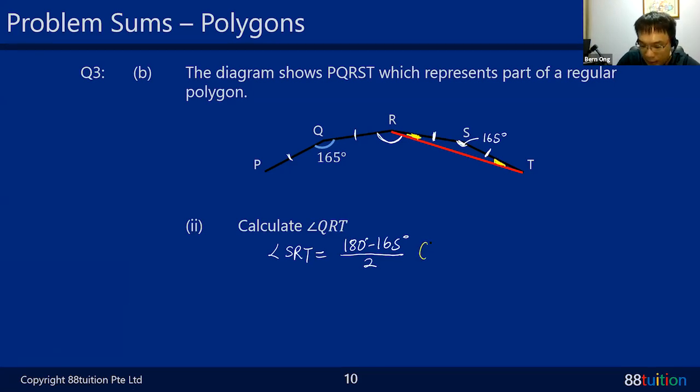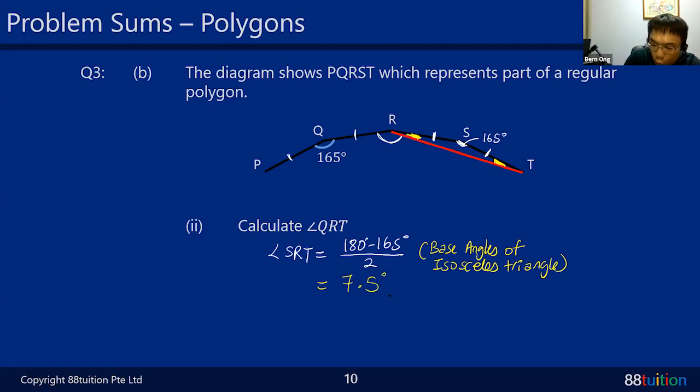This is called base angles of isosceles triangle. Must spell correctly. So 180 minus 165 divided by 2 gives 7.5. It's okay, 7.5 is this yellow angle. It's not the answer yet.